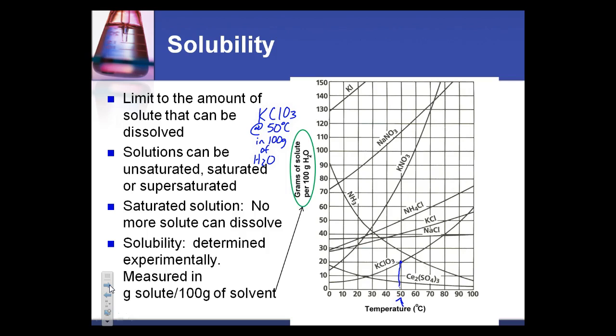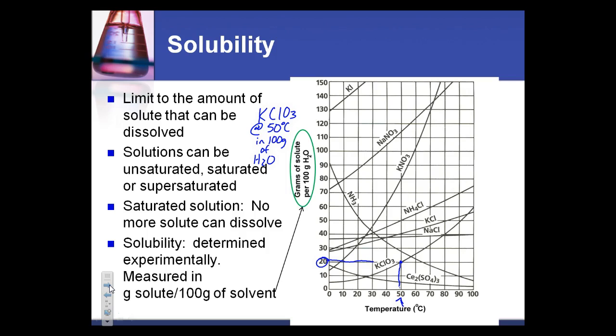And it's right here where it hits that line. That is the limit for a saturated solution. So then I will go over here, and it says that 20 grams of potassium chlorate will dissolve in 100 grams of water. All right, just reading the graph.